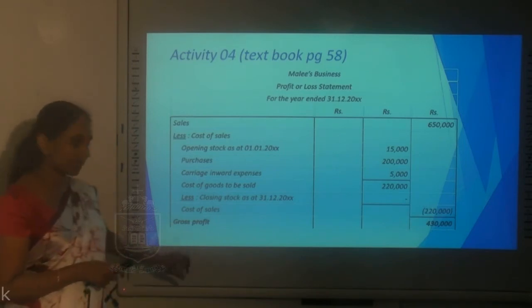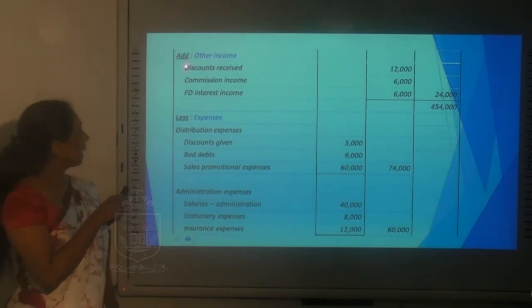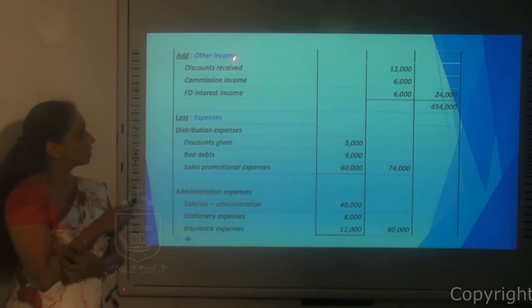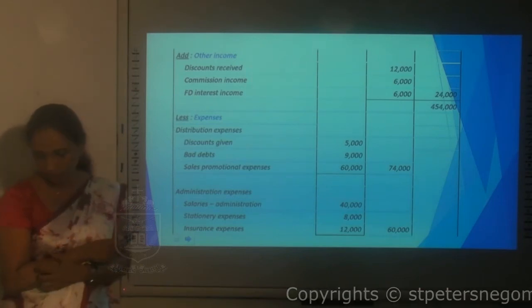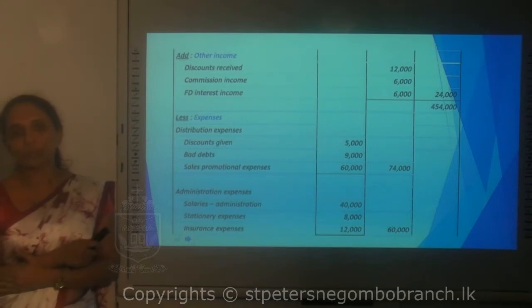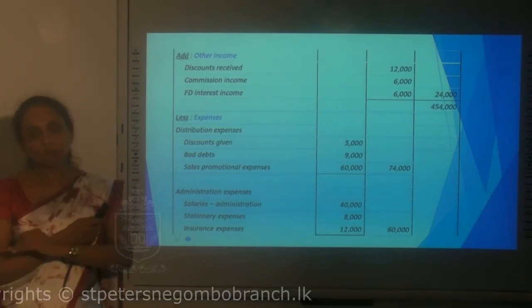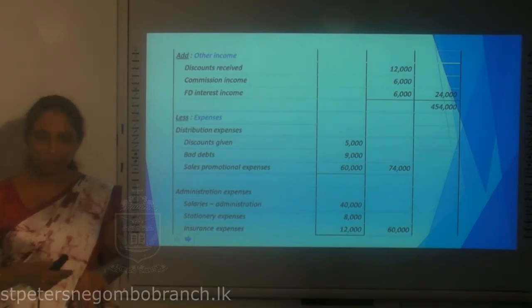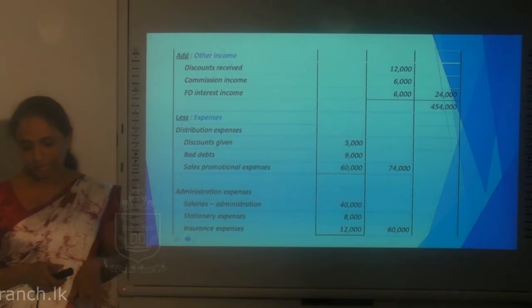So let's go to that particular place, the other income, and there you can see the discounts received is mentioned and it is 12,000. Then the next item is the bank loan. Bank loan is a liability, so it is out of scope of the profit or loss statement, so we will not consider that.